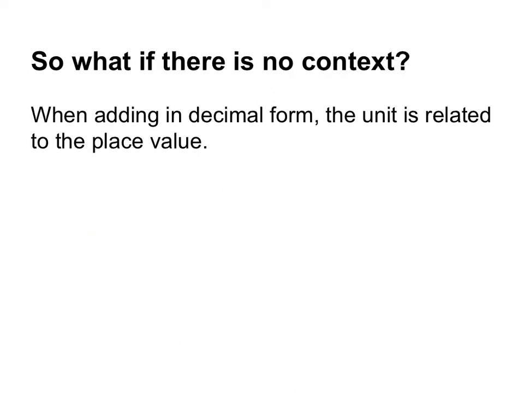So what if there is no context, or there doesn't appear to be a context? In other words, the context isn't written out in English after your number. So when adding in decimal form, the unit is related to the place value. And here's what I mean by that. 587 is really 5 what? 500. 8 what? 8 tens, or 80.